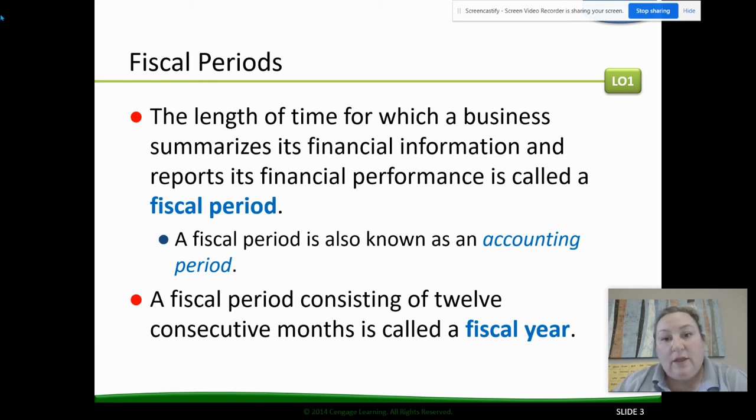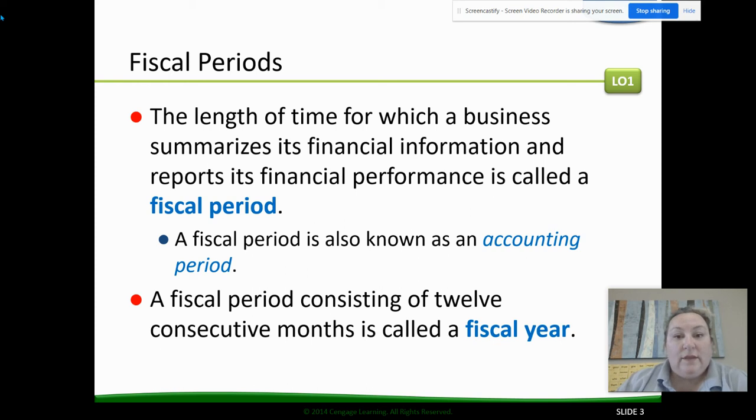Now that will change. Our fiscal period for businesses will change depending on the type of business. A ski resort's fiscal period might be September through August, because it just has to be 12 consecutive months, but they start their busy season getting prepared and ready in September.